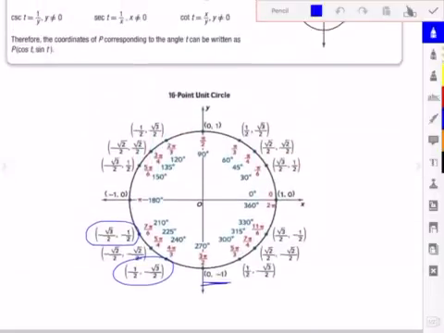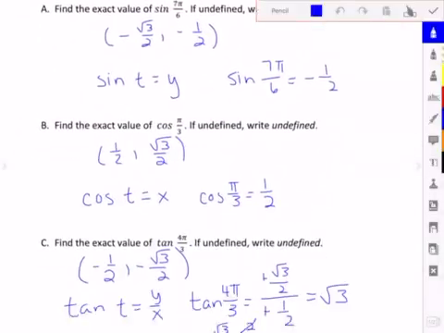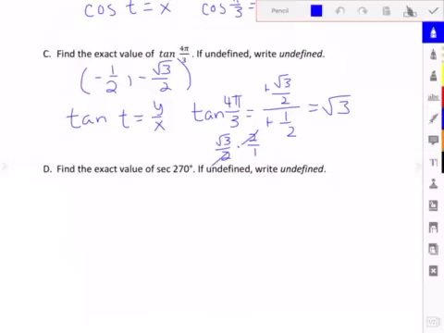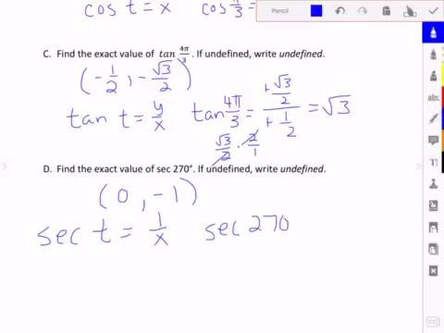So secant t is 1 over x. So the secant of 270 degrees is 1 over 0. We can't have a 0 in the denominator, so we know that secant of 270 would be undefined.